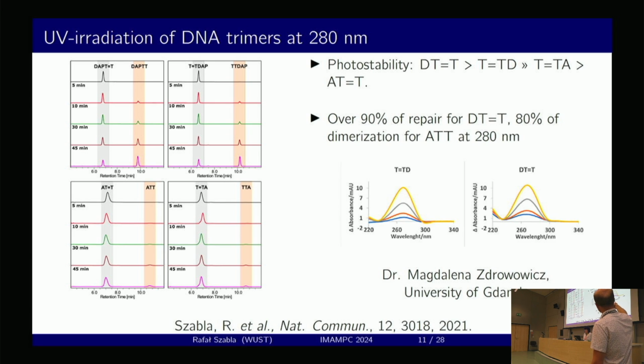There is a small difference. And in the case of ATT, you get 80% of photodegradation or formation of the TT dimers. So here we have the HPLC, we have LCMS. We also confirmed it by differential UV absorption experiments, which were all done by Magda from the University of Gdańsk.